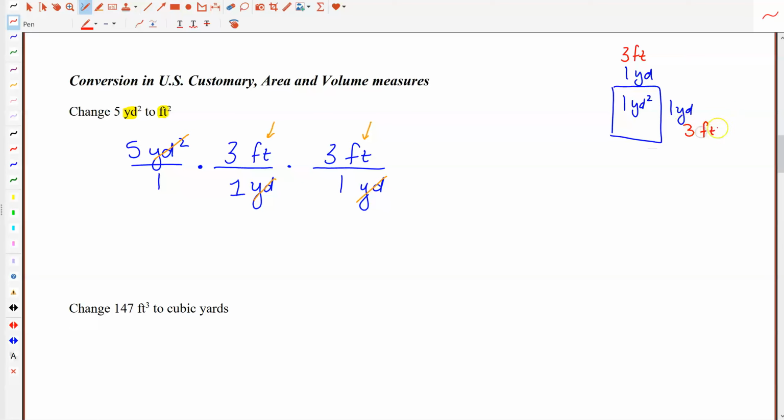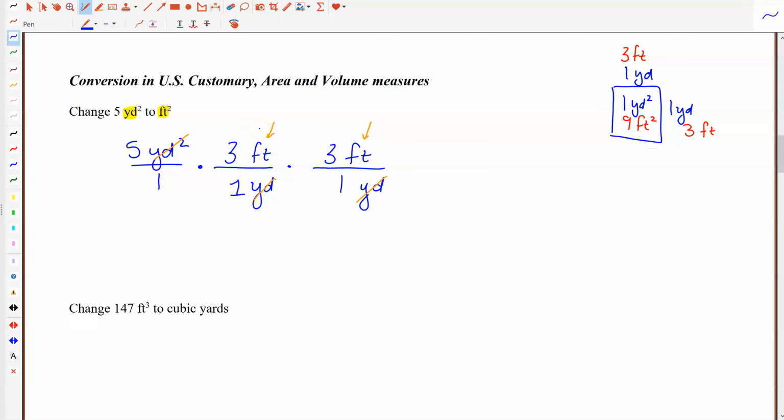And then the area of the square would be 3 times 3, or 9 square feet. So what we're seeing when we get into the area measurements is that 1 square yard is equivalent to 9 square feet. Now you could use that direct relationship, but as opposed to having to figure out how the areas relate, I just like to use the linear relationships. These are the ones that we usually more standardized know.